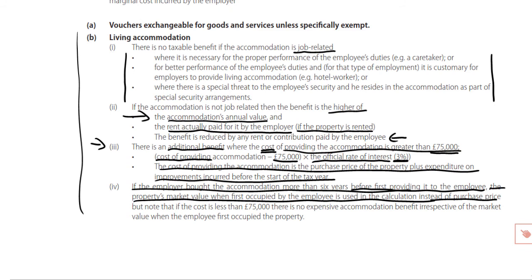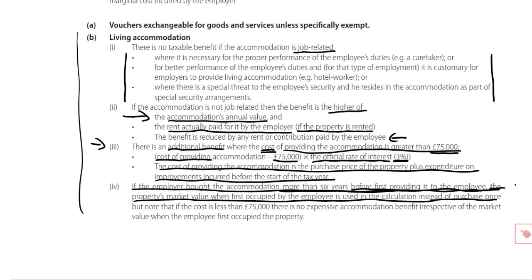But then you're told that the employee who now occupies the property moved into the property. Now, look at what the note says. If the employer bought the accommodation more than 6 years before first providing it to the employee. So the company bought it in 2006, and this employee, now in the 16-17 tax year, only took up occupation in 2015.